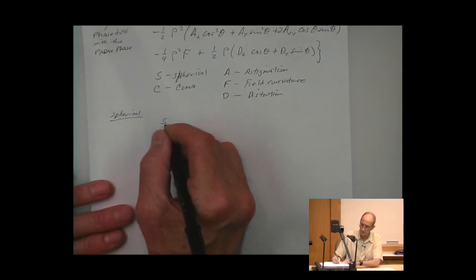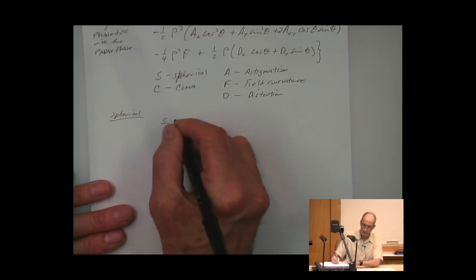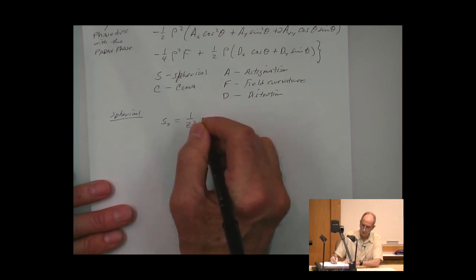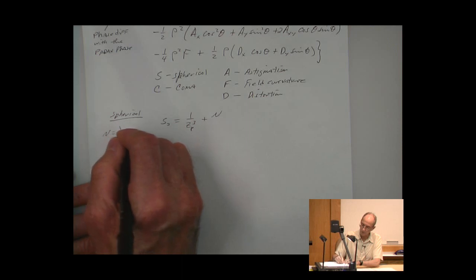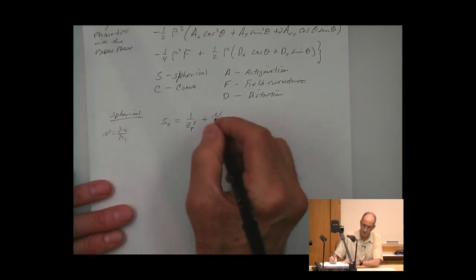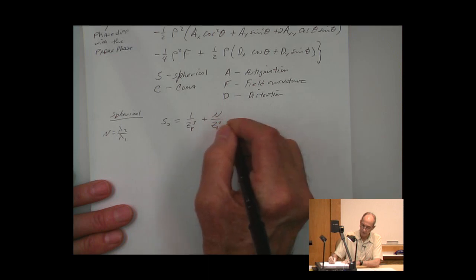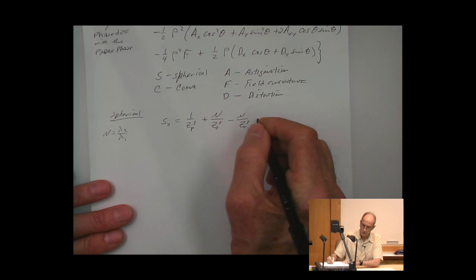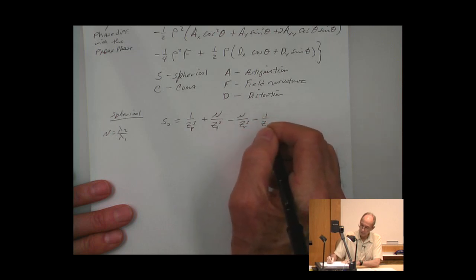So the spherical aberration, S3, for the primary image is 1 over ZP cubed plus mu, again, where mu is equal to lambda 2 over lambda 1, mu over Z0 cubed minus mu over ZR cubed minus 1 over Z3 cubed.